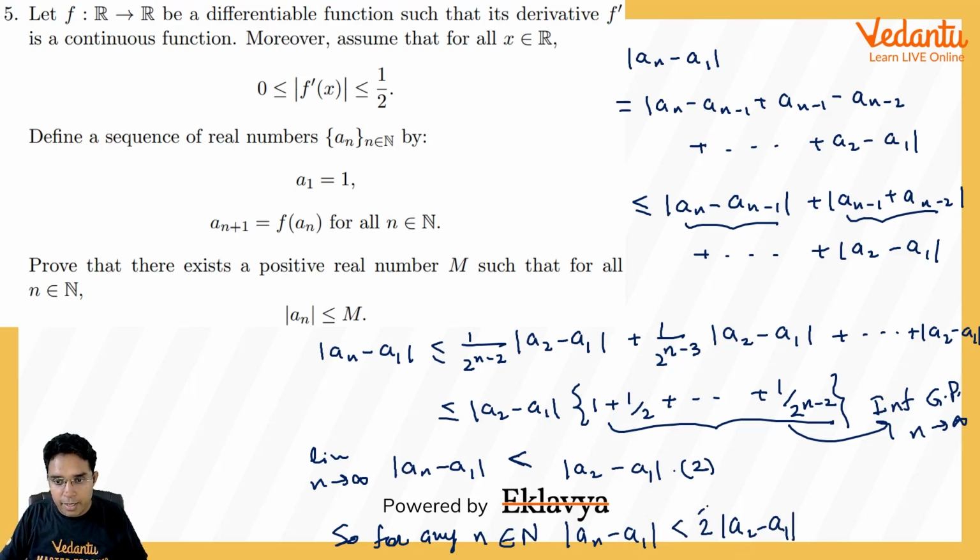And because this is finite and a1 is finite, this difference is less than these finite values.